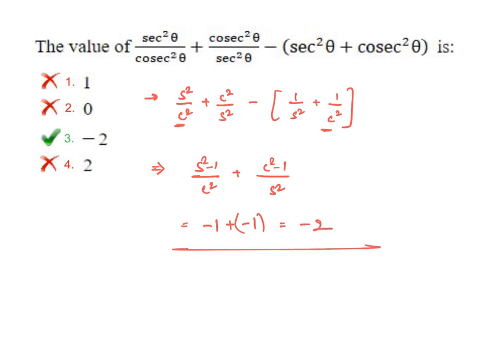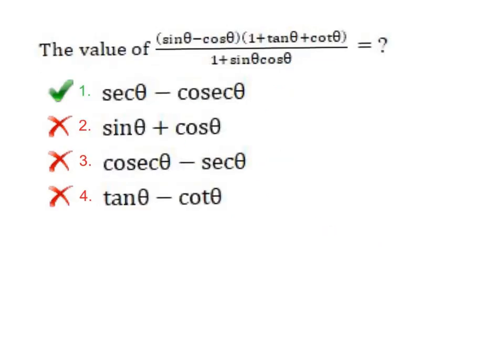The value of sin theta minus cos theta, into 1 plus tan theta plus cos theta cot theta by 1 plus sin theta cos theta. Convert everything into sin and cos. So first keep that sin theta minus cos theta as it is. Take this part. So I'm writing it as 1 plus tan is sin by cos, cot is cos by sin.